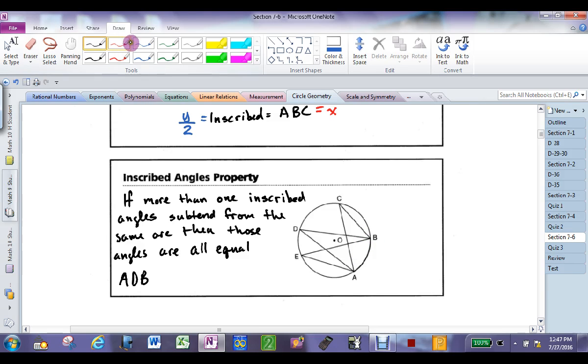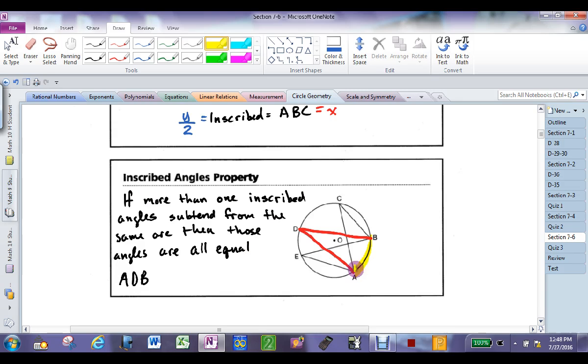So now, since we have done ADB, we have locked ourselves in to this arc, correct? So what do we know about every angle that comes out of that arc? If more than one inscribed angle subtends from the same arc, those angles are equal.